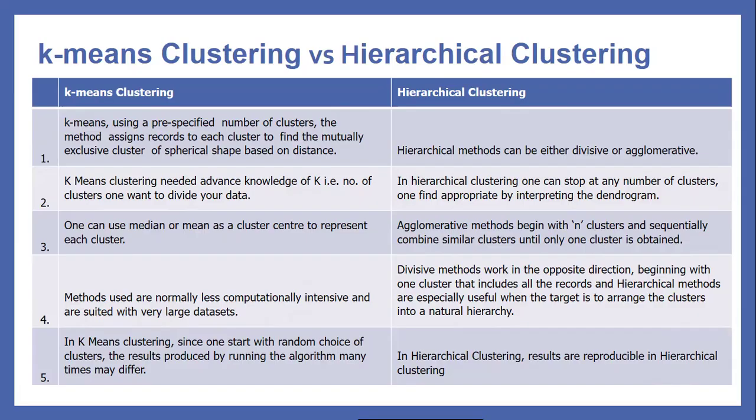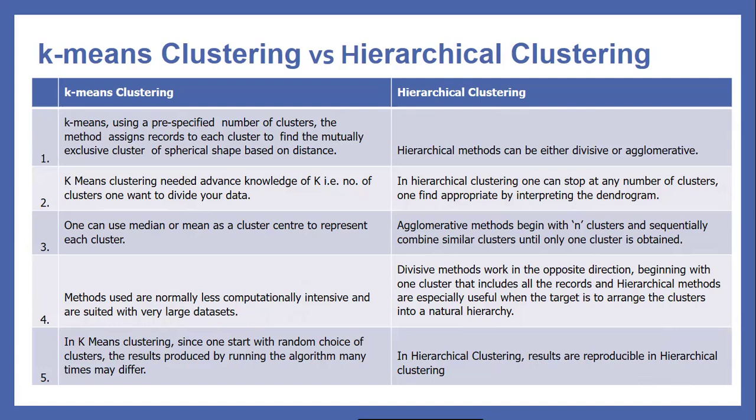In K-means, we can use median or mean as a cluster center to represent each cluster. In hierarchical clustering, the agglomerative method begins with n clusters and sequentially combines similar clusters until only one cluster is obtained.